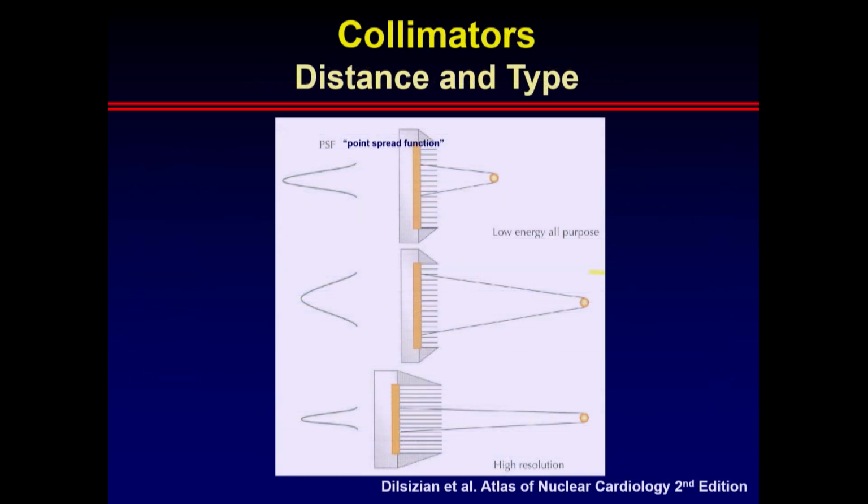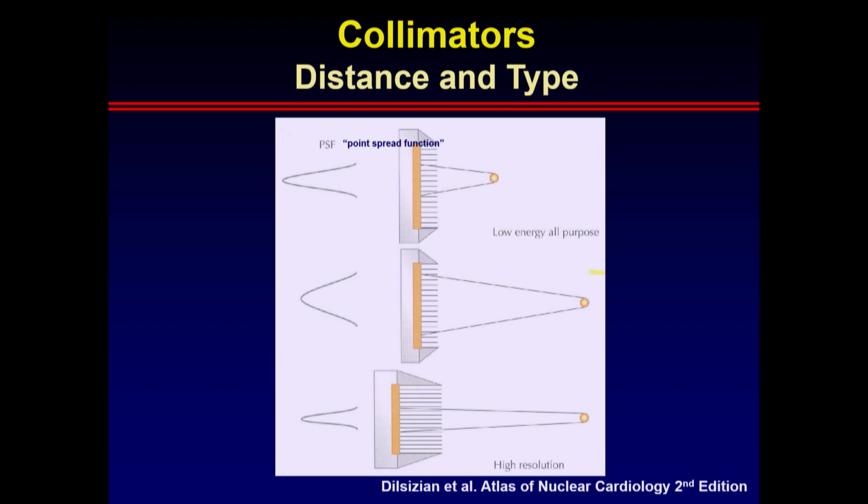Another issue, looking again at distance from the collimator. On the top diagram, you'll see a point spread function, and what a typical point spread function might look like for a photon imaged with a relatively low energy collimator.